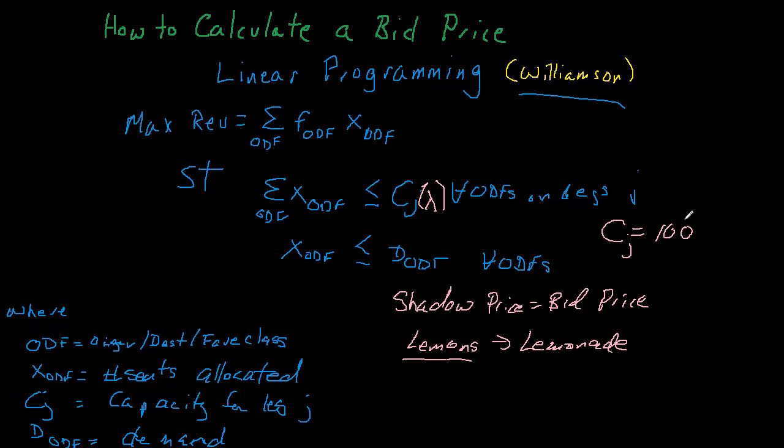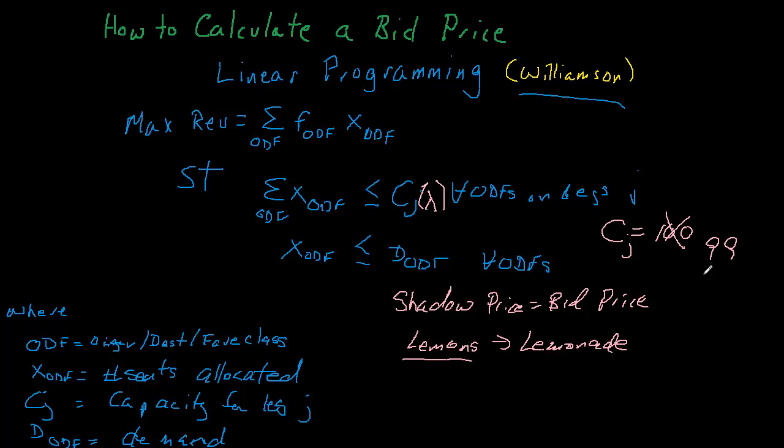If we said there's only 99 seats, or conversely if we added a seat and said there's 101 seats, but let's take this, so we decrease the capacity by 1 seat, there would be some change in the value of the objective function. And that change is the bid price or the shadow price that comes from this constraint.